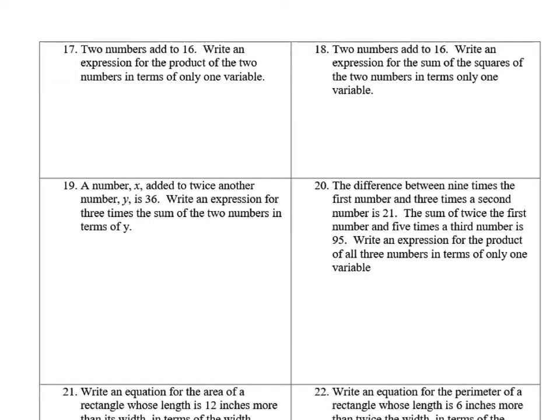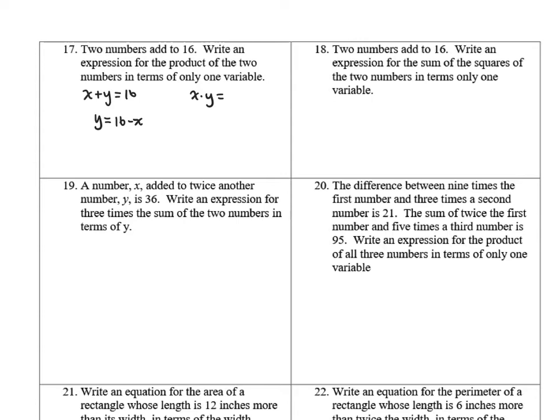All right, let's go ahead and start with number 17. So it tells me two numbers add to 16. You can choose to use whatever variables you'd like. I'm going to use x and y. Write an expression for the product of the two numbers in terms of only one variable. So I'm going to solve for y like we did in one of our previous problems on the last page. And I want to write an expression for the product of the two numbers. So x times y, right?